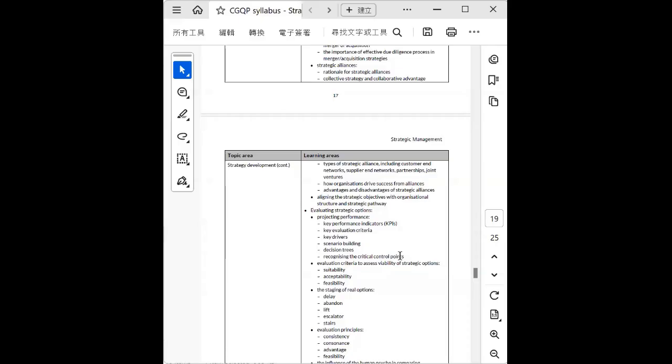And then we have this: align the objectives, ensure that the company structure and strategy are mutually supportive. Then we have projecting performance, evaluating the different options by looking at the performance, the KPIs, scenario building, and decision tree approach.